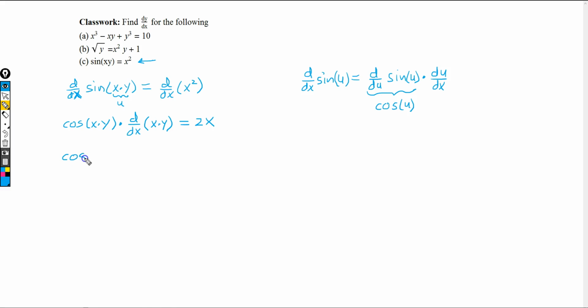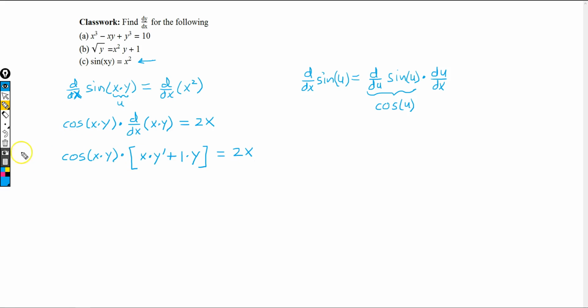So now to do that, to evaluate the derivative of x times y with respect to x, we have to use the product rule. So it's going to be x times the derivative of y with respect to x. So that's going to be x times y prime plus, and then y times the derivative of x with respect to x. And that is just 1, the derivative of x with respect to x, and then y times that equals 2x.